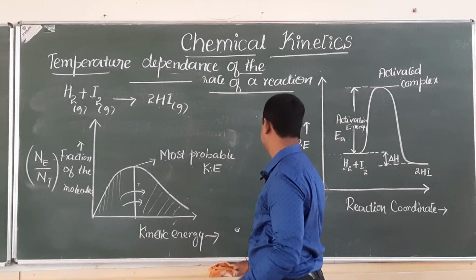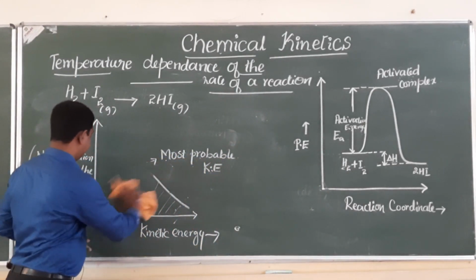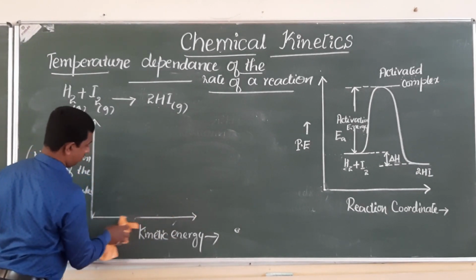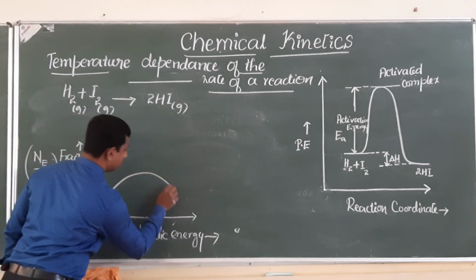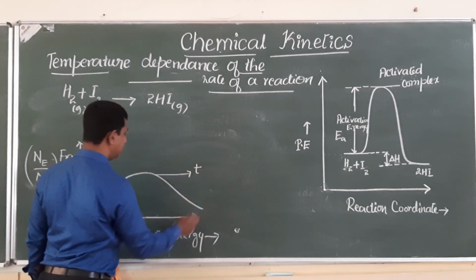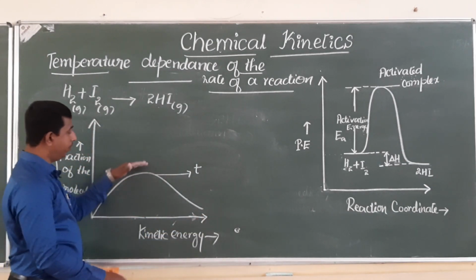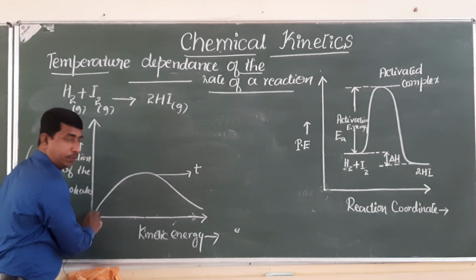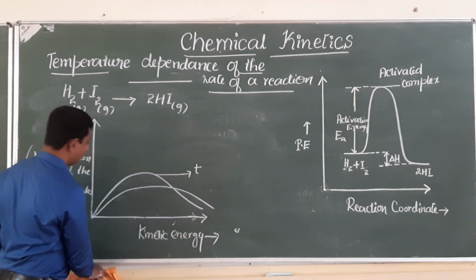We can draw one more graph. Say this is at a temperature of T. When we increase the temperature, the peak, that is the most probable kinetic energy, gets reduced and the curve broadens out.